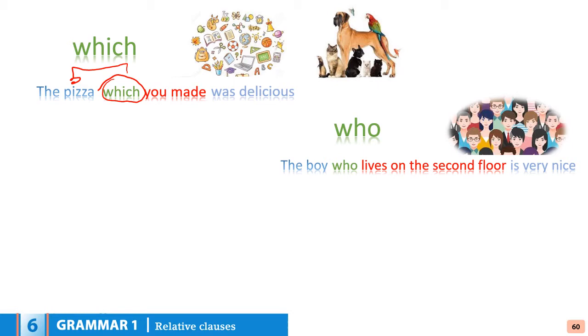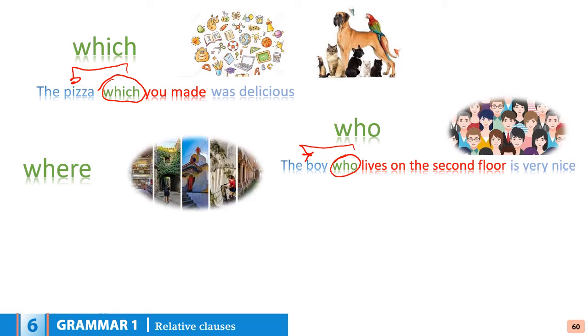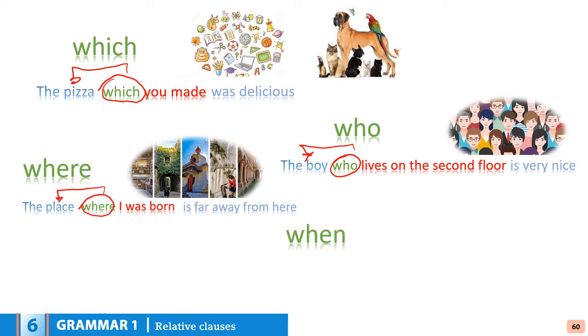The boy who lives on the second floor is very nice. In this case, who refers to the boy, a person. Where. We're going to use where to talk about places, as you can guess. The place where I was born is far away from here. Where here is a pronoun that refers to the place.